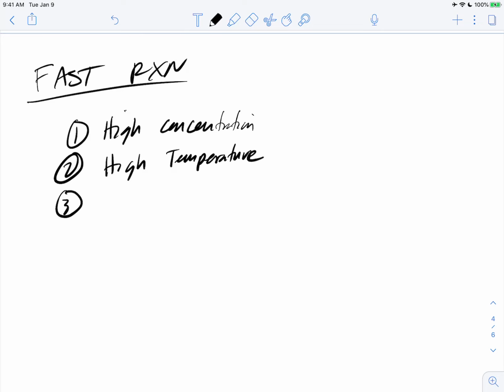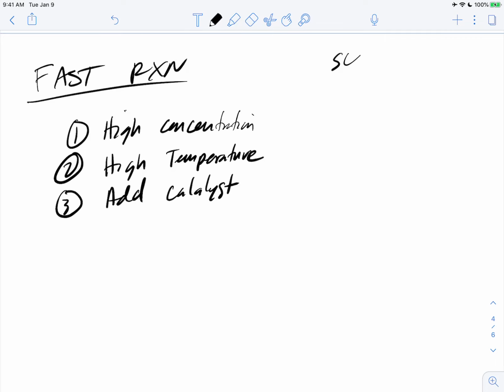You want to add a catalyst or an enzyme. Now, orientation also makes a difference, but that's not something that you can change, just like you can't change the energy of reactants and products. So those are the things for a fast reaction.